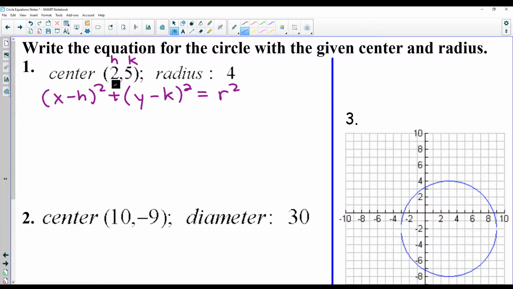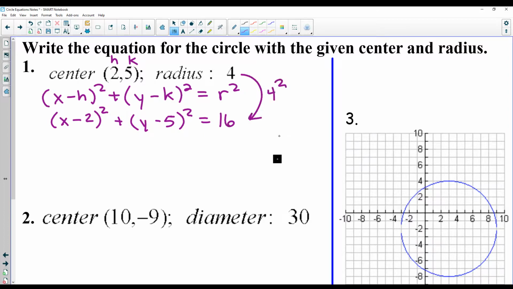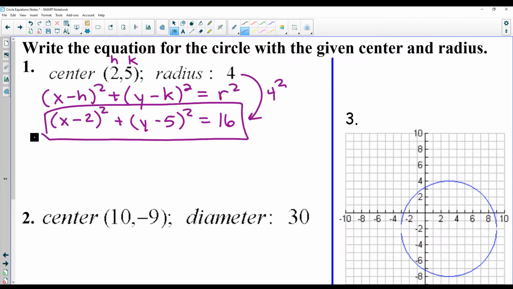So if it says plus 2, when we put it in our equation, we need to write minus 2. And if this is a positive 5, we would write minus 5. Okay, and then this would be 4 squared, so that becomes 16. All right, and that is an equation of a circle. If you type that into Desmos, you don't have to solve for anything. You just type that in exactly, and you'll be able to look at the circle.